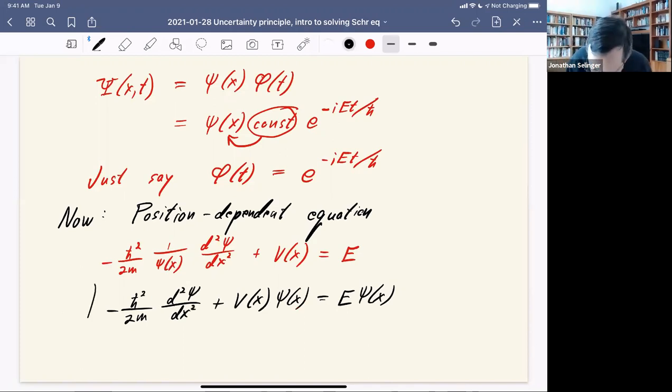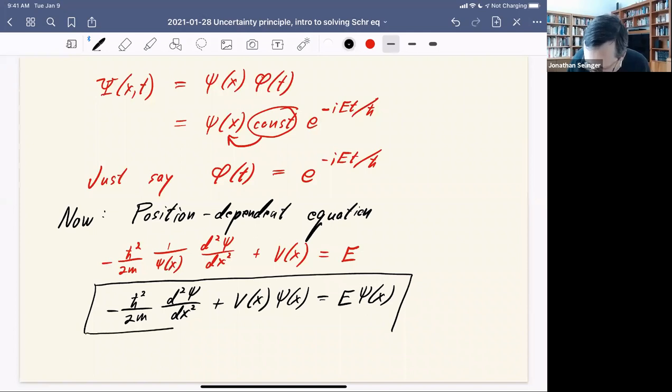Okay, so this is a special equation, which we will be coming back to all throughout the semester. Okay, so this is what we get if we take Schrodinger's equation and do the separation of variables, and then the time part was not so hard to solve, okay, but we're now left with the position part.